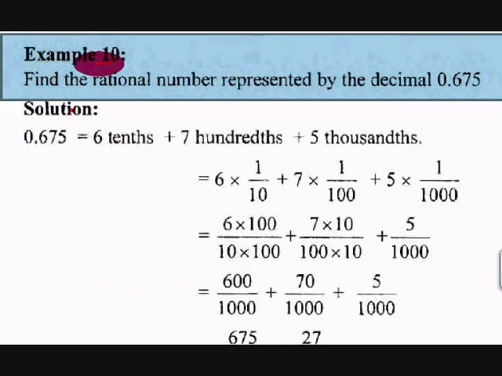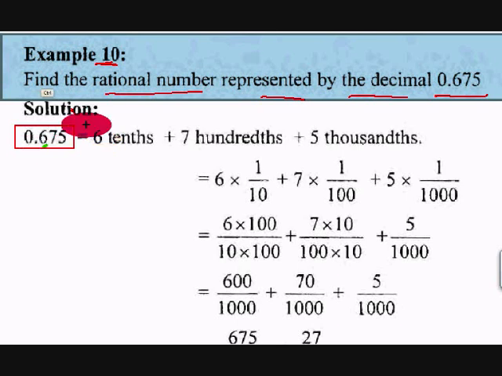Example 10. Find the rational number represented by the decimal 0.675. This is the number given. This is the tenths position, so we got 6 tenths.